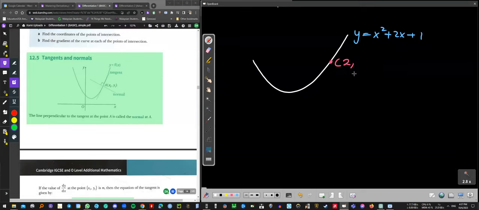Now my task is to find the function of the tangent. So that's my task. So we will use this formula idea.